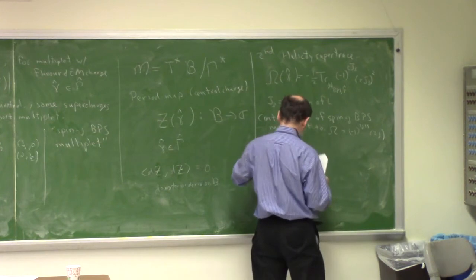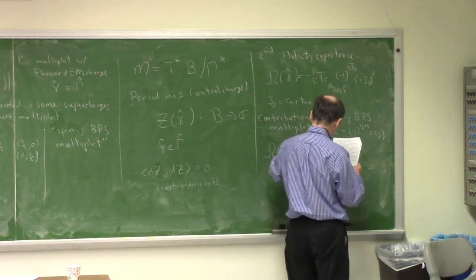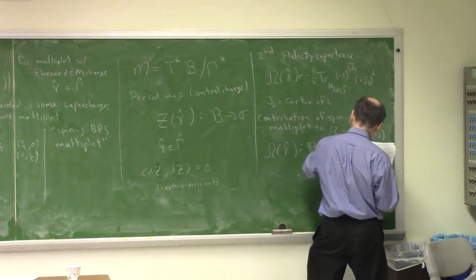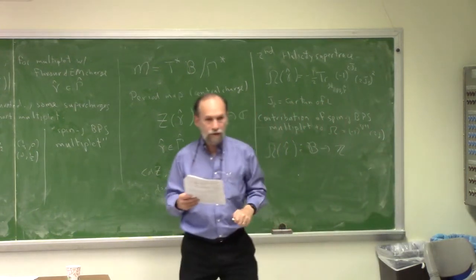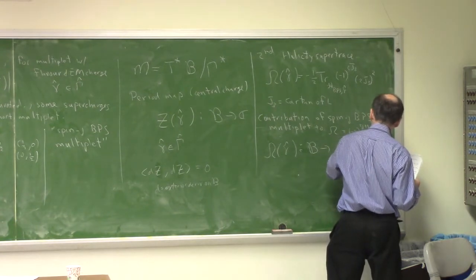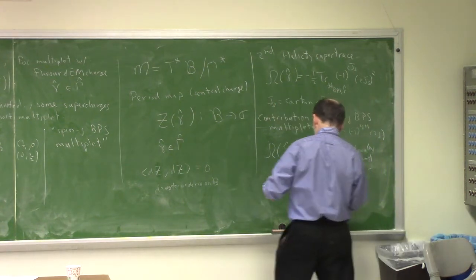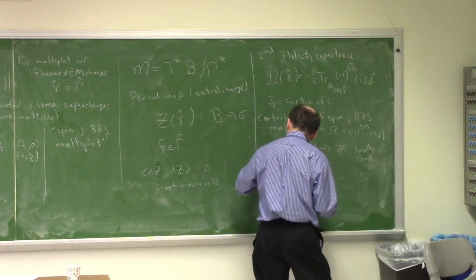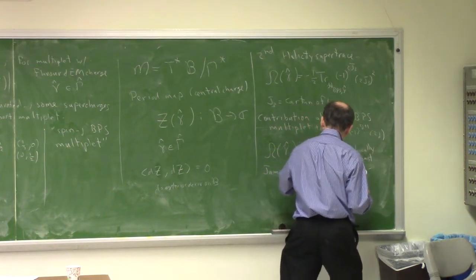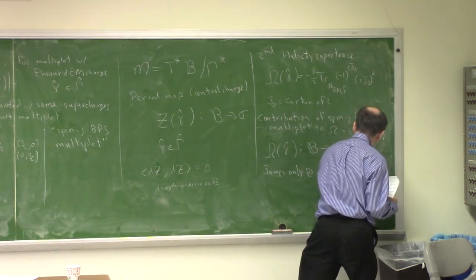And the nice thing about this second helicity supertrace, which maps the points on the Coulomb branch to the integers, is that it is locally constant, unlike the raw number of BPS states, and it jumps only at walls of marginal stability.